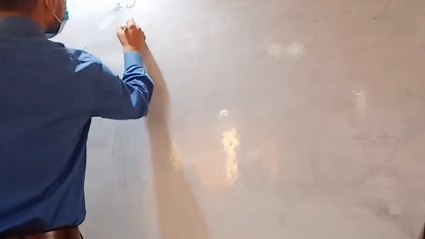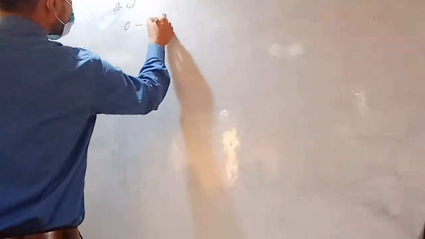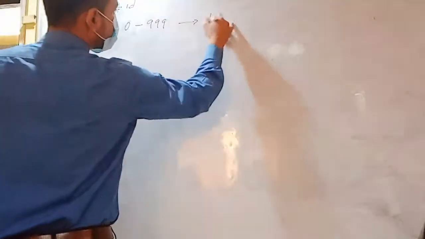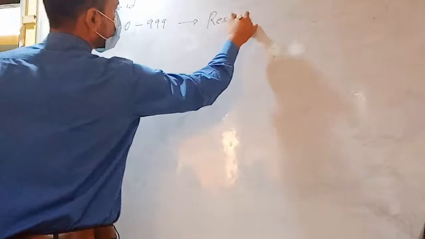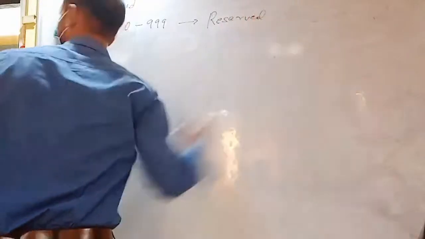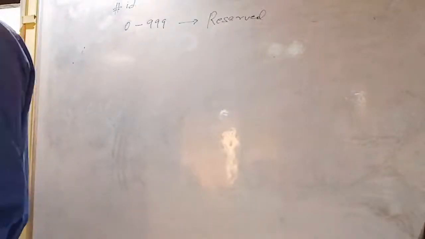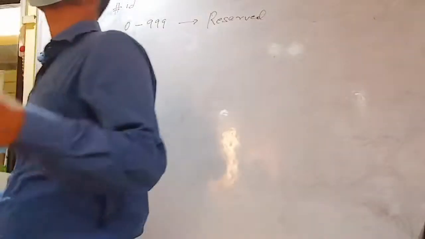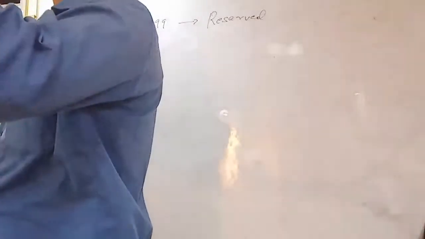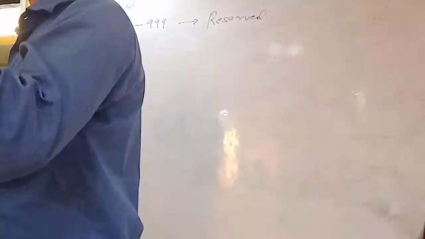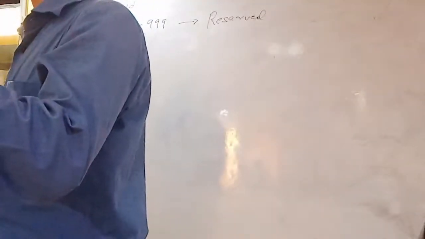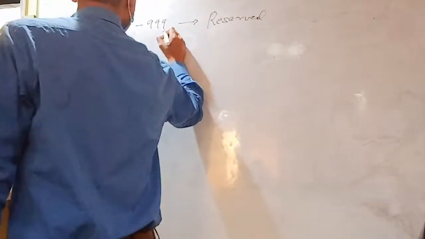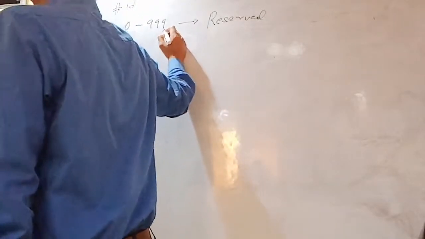In Linux, the range 0 to 999 is reserved. If you create the first user, that user will get user ID 1000, the successor of that number.